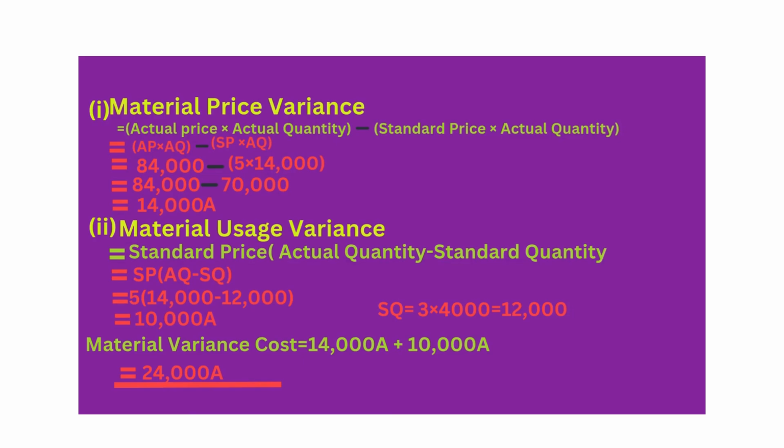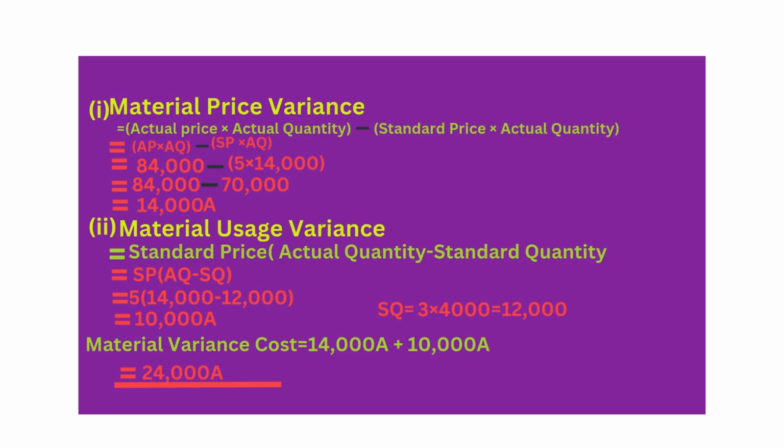First, we have to calculate material price variance, which is given by actual price multiplied by actual quantity minus standard price multiplied by actual quantity. In our example, our actual price times actual quantity is 84,000 shillings, because we are given cost, which is price multiplied by quantity already.